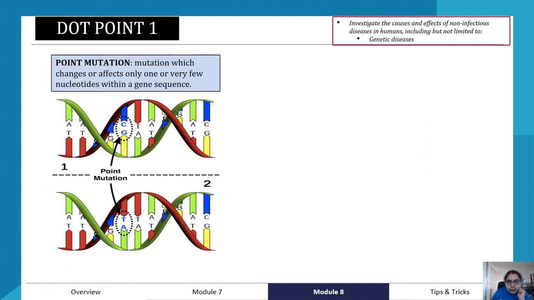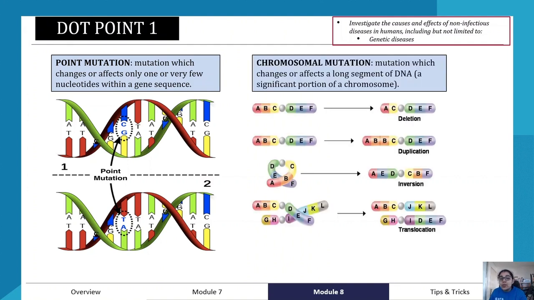Okay, so let's have a look. Point mutations are the ones which change or affect only one or very few nucleotides within the genome. Chromosomal mutations, on the other hand, can affect entire chromosomes, or certain parts of the chromosomes, generally a significant aspect of the chromosome.